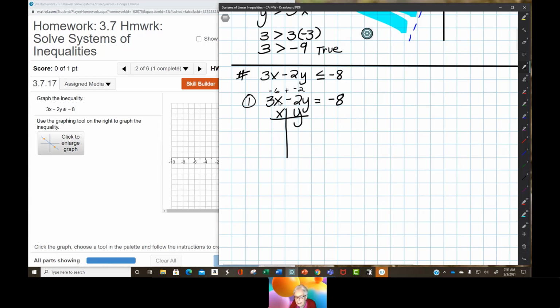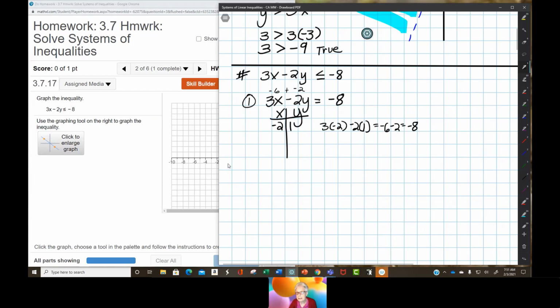So if I were to let x equal -2 and y equal 1, I would have 3 times -2 minus 2 times 1. That would be -6 minus 2, and that would be -8. Boom! That's our first point.